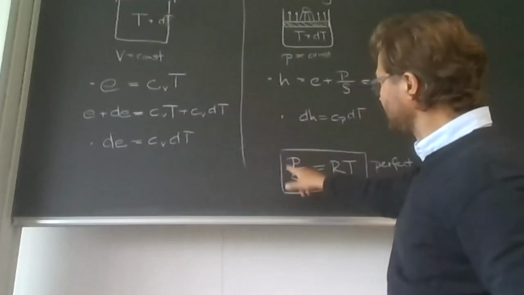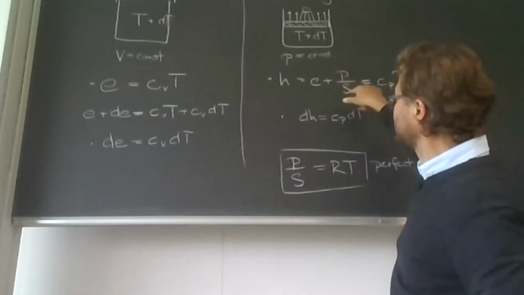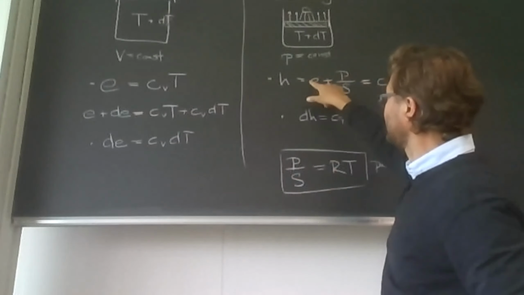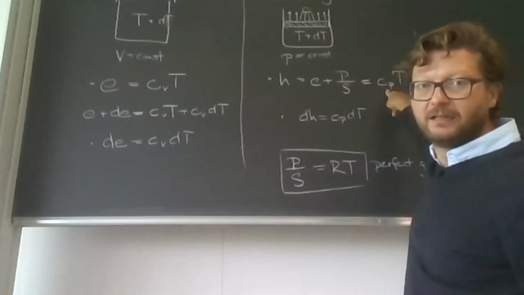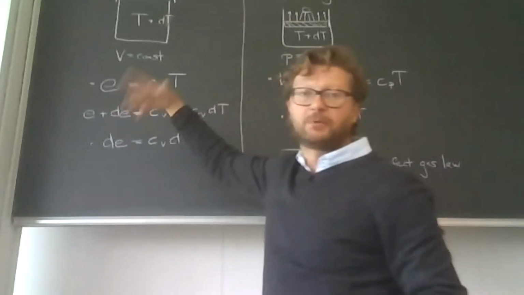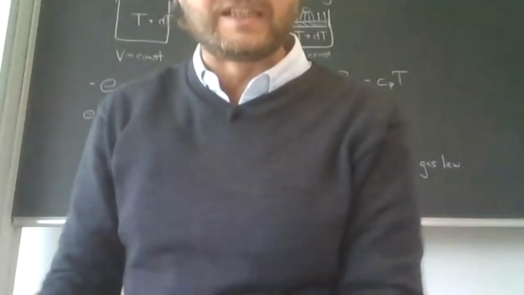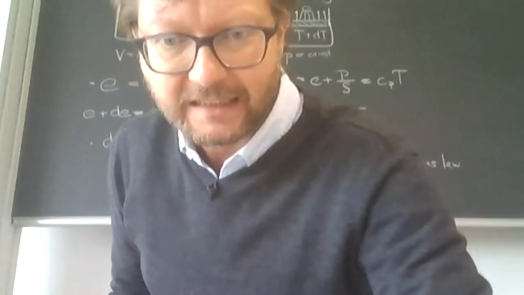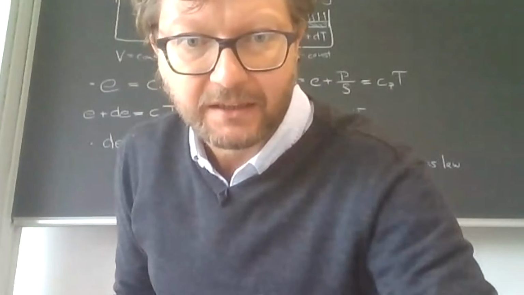You immediately see P over rho is equal to RT. So this is RT, this is CvT. So obviously Cp must be Cv plus R. So all these quantities are related, and that's exactly what we see here on this slide.